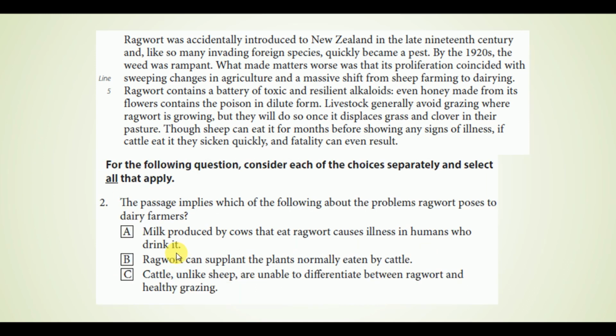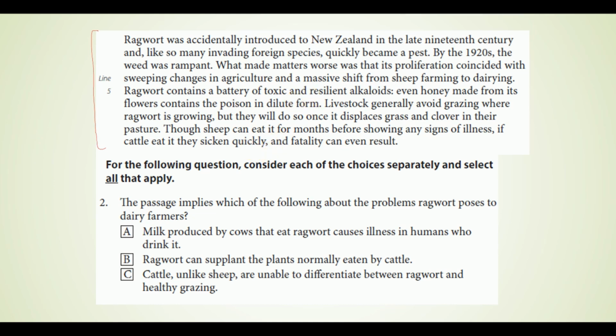You may also get a question where you may choose more than one answer. So this is what your typical RC or reading comprehension question looks like. Remember that the passage could be a small passage or mid-sized passage or a long passage. The passage could be as small as 100 words long or as long as 400 or 450 words long.